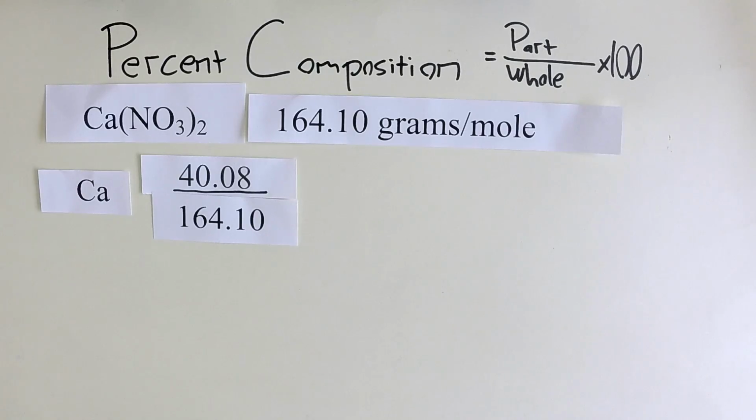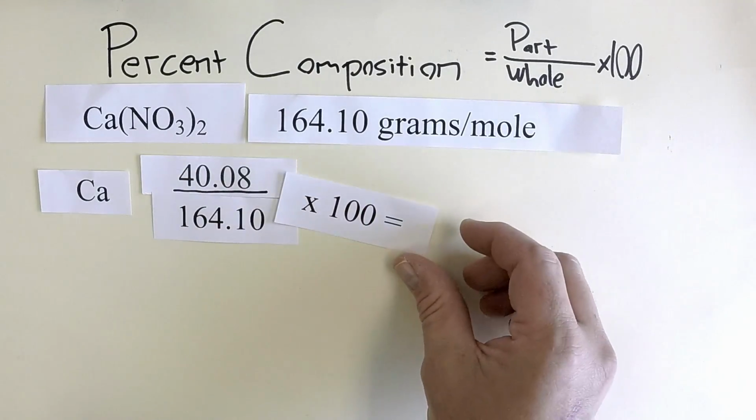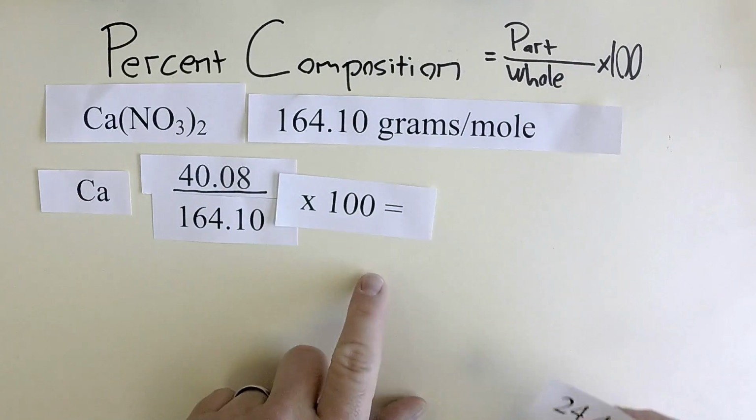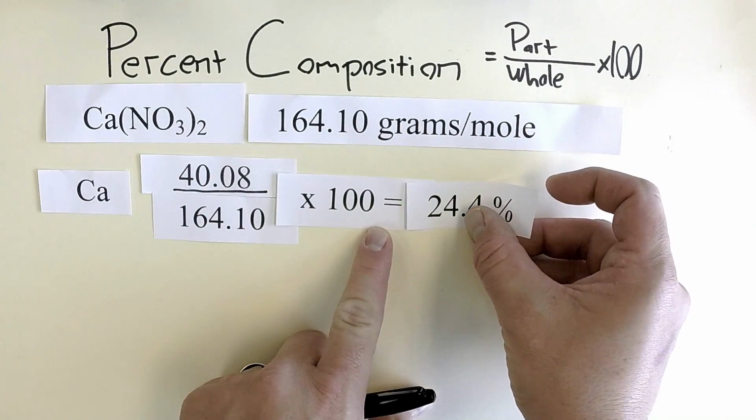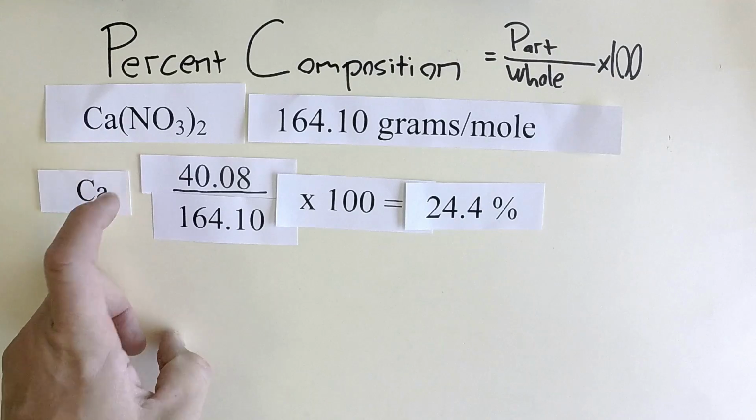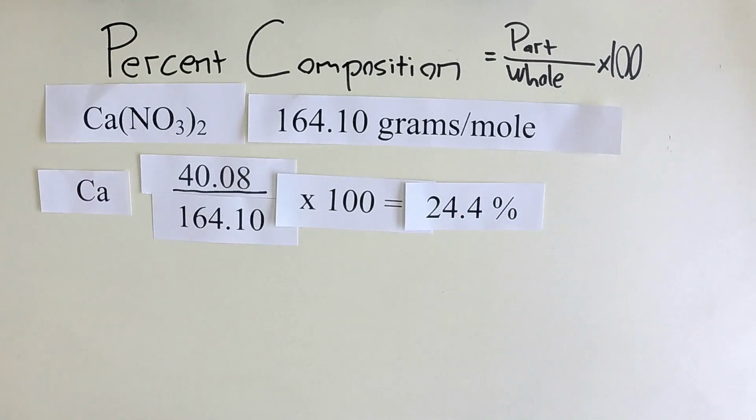So 40.08 divided by 164.1, and then we will multiply that by 100. When we do that, we get 24.4%. So what we're saying here is that 24% of this compound is calcium by mass.